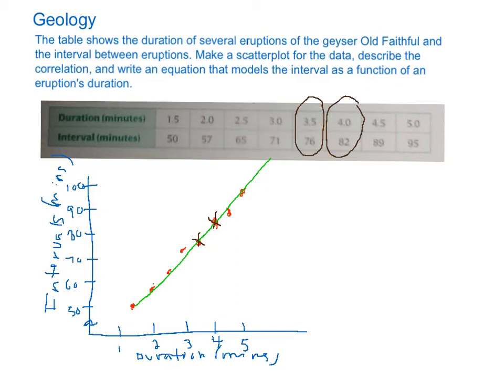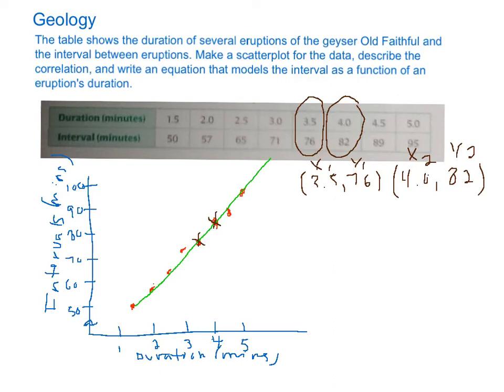As we write them as ordered pairs, we have (3.5, 76) and we have (4.0, 82). So this then becomes the x1 and the y1. This becomes the x2 and the y2. So I can find the slope by using the slope formula.